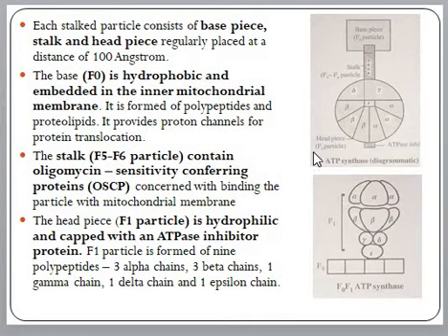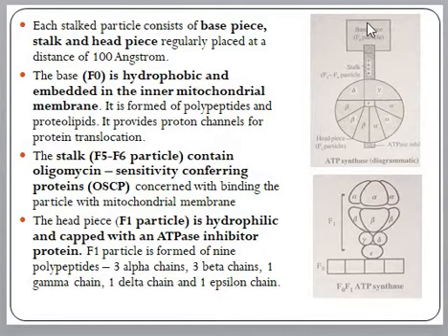If you see the structure of these inner mitochondrial oxysomes, the tennis racket or stalked structures within the cristae or inner mitochondrial membrane, they have a base piece, a stalk piece, and a head piece.